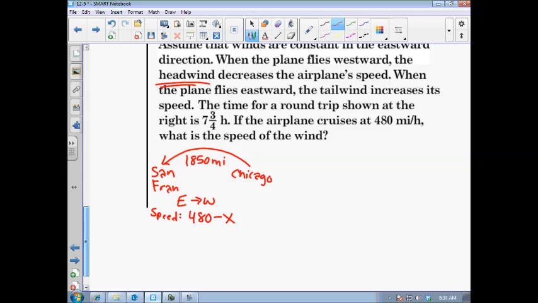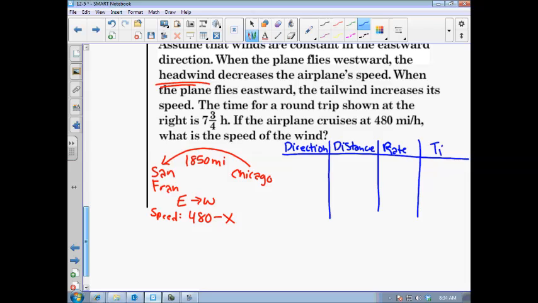Right? So we're going to do a chart here. Okay, 4 columns: direction, distance, rate and time.